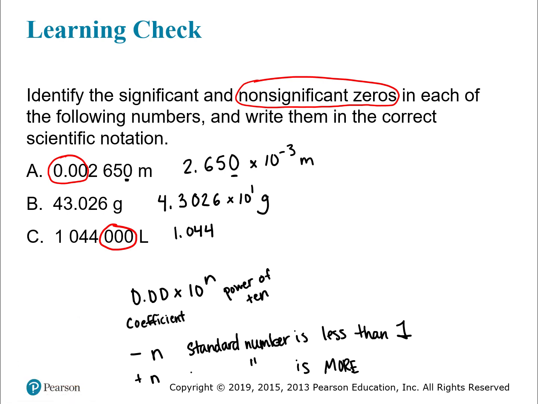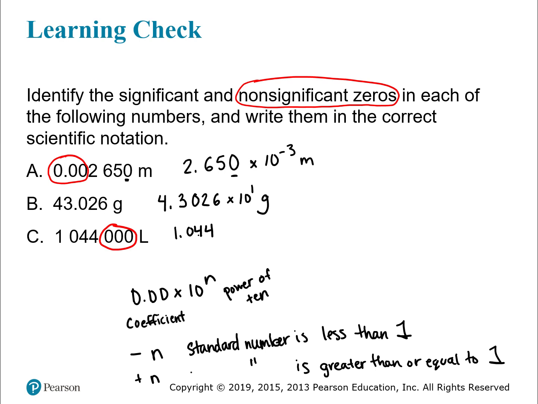Let's write it correctly. Greater than or equal to 1. Okay, back to our regularly scheduled programming.